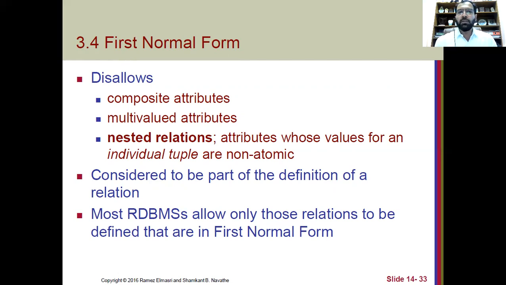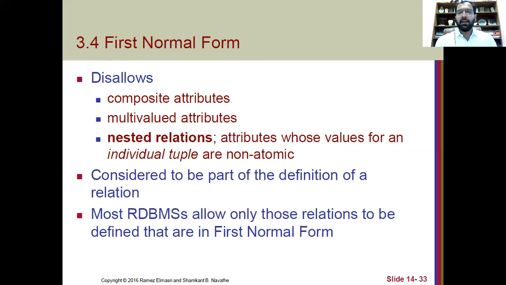A multi-valued attribute means an attribute might hold more than one value, which violates the atomicity principle, because we discussed earlier that whenever we have values in a relation, they must follow the atomicity principle, or the values must be atomic.